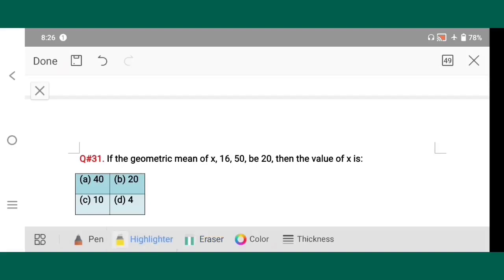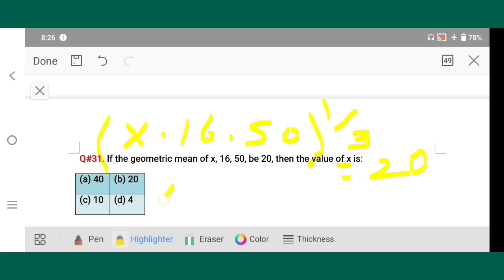By definition, the geometric mean is equal to x times 16 times 50 raised to the power 1/3, which is equal to 20.